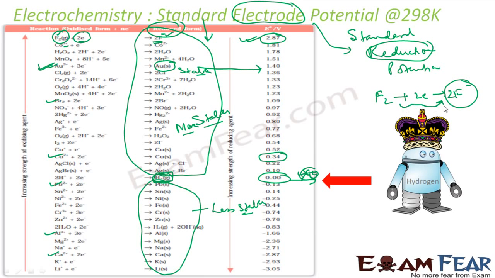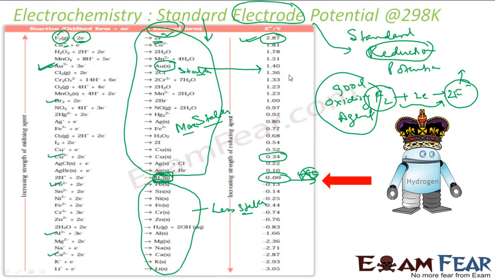Since they reduce themselves, they are very good oxidizing agents, right? They are good oxidizing agents because since they are getting reduced, they'll oxidize something else. So they are very, very strong oxidizing agents. Reverse is true for this. There will be very weak oxidizing agent or very weak reducing agent, yeah.